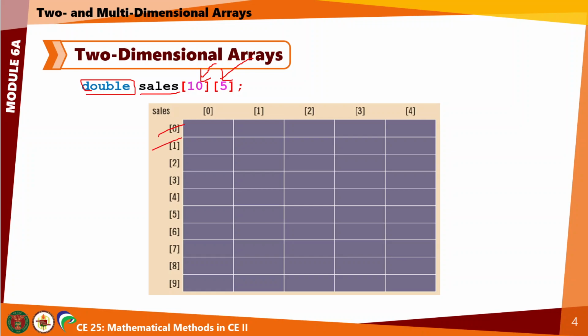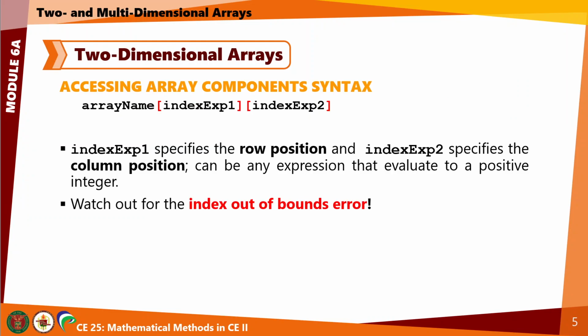So we start with 0 sa indices. Okay? So just like sa 1D array, we start with 0 kapag nag-index tayo. So kapag 10 yung number of rows, ang indices natin range from 0 to 9. On the other hand, ang column natin, ang indices niya start from 0 until 4 kasi 5 lang yung number of columns. Okay, so how do we access a certain element ng ating array? Same lang sa 1D array, di ba? I-specify lang natin sa loob ng bracket yung index natin. We just use the array name, and then we write two brackets.